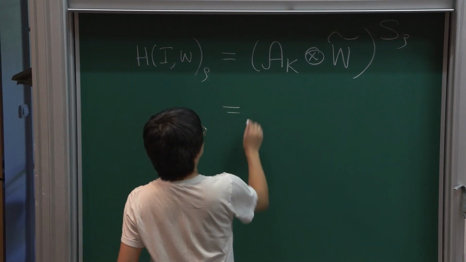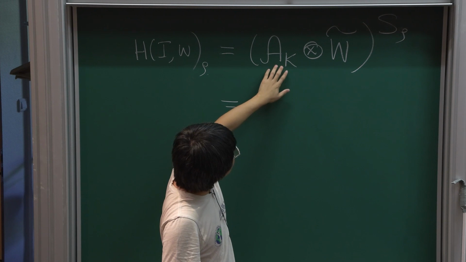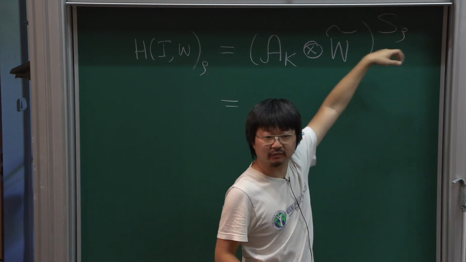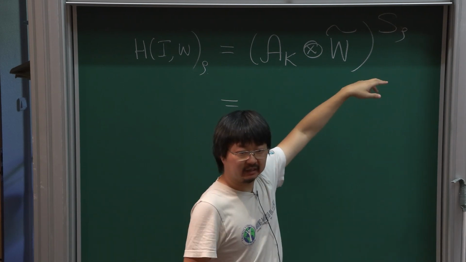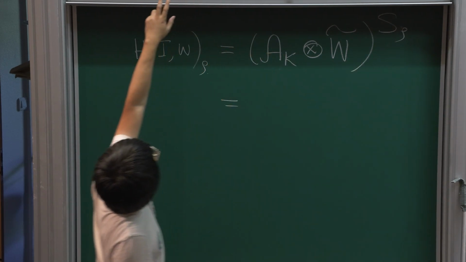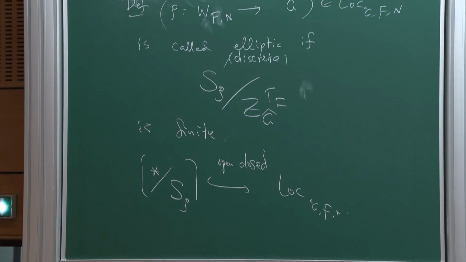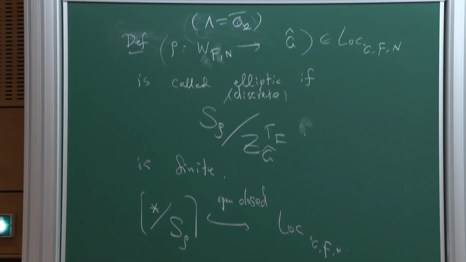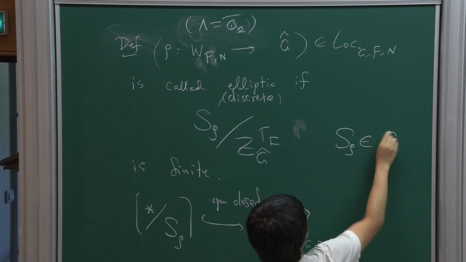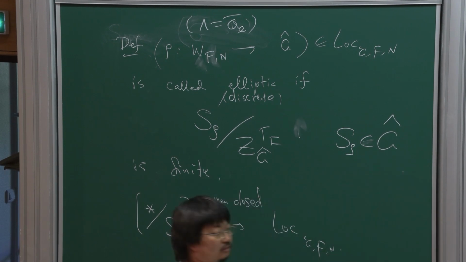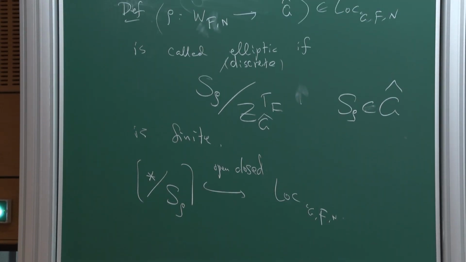This is a coherent sheaf on the stack, so it is going to be a sheaf equipped with the action of this finite group S_V, and because it's a subgroup of G hat, it also acts on W. So then you take the invariants.